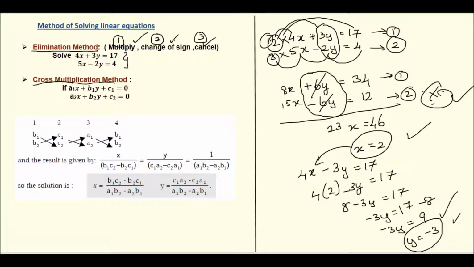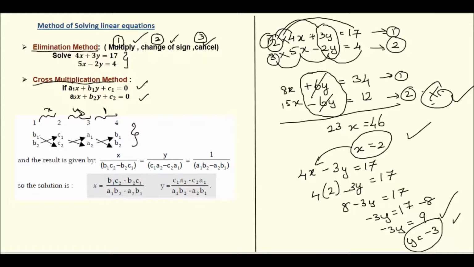Now cross multiplication, you just need to know the concept. If they have given two linear equations, then you just draw this flow chart: b1 b2, c1 c2, a1 a2, b1 b2. Now for this x, here y, and here 1. Now the result: x by, where the arrow mark is going, that will be minus. First b1 c2 minus b2 c1.